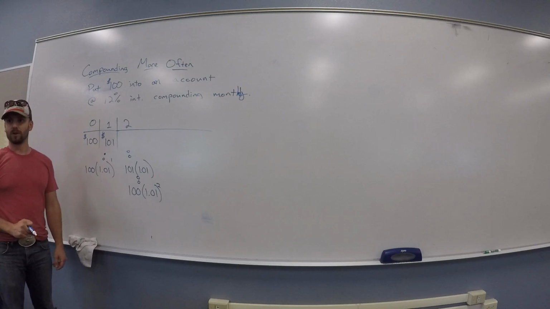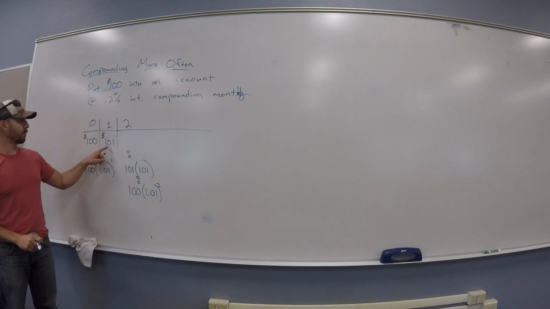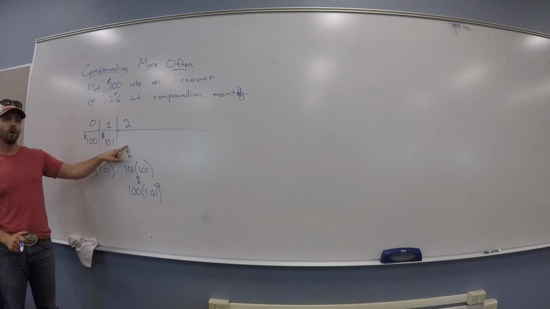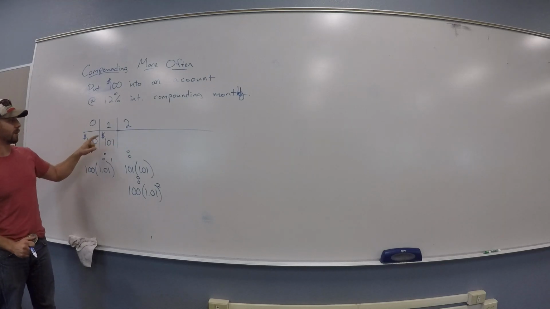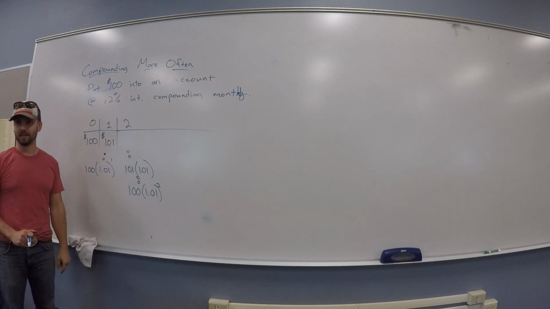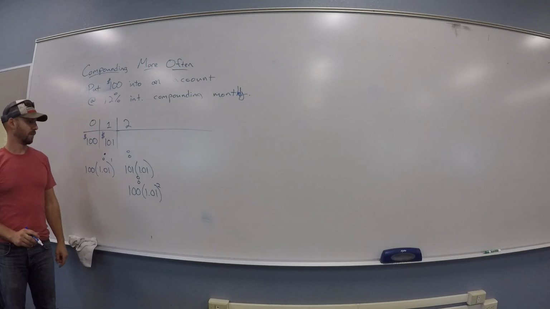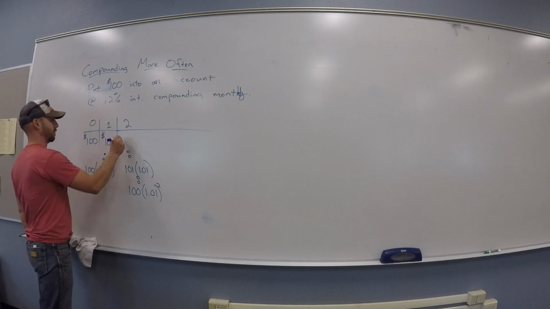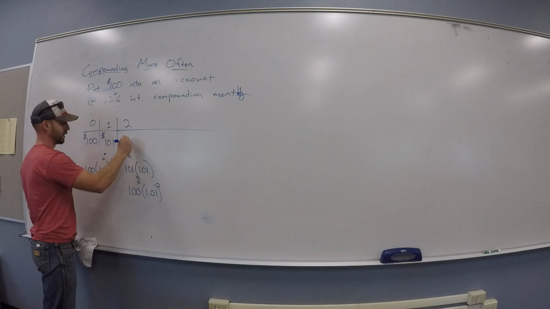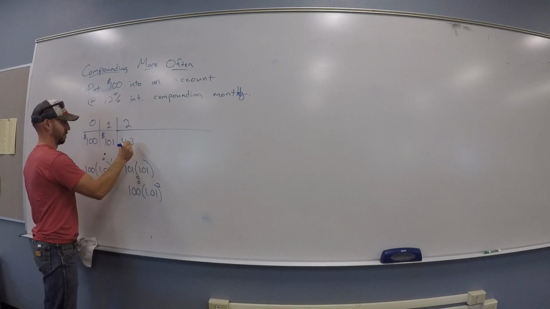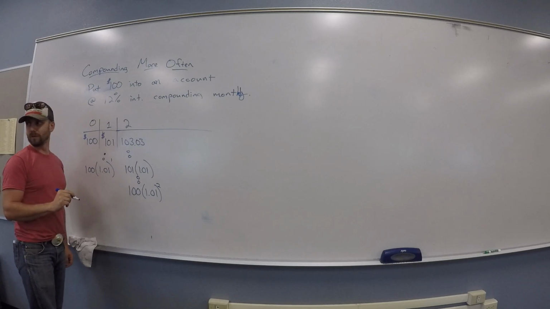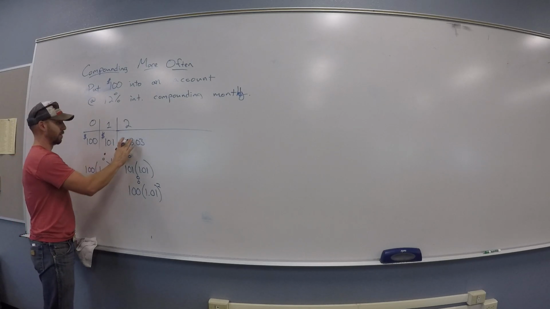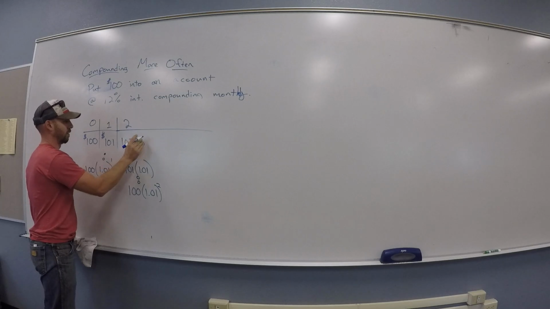That makes sense. You can either think of it as compounding once on the amount you have, or as having compounded twice since the beginning. So 103.03? That feels too big. 102. What did I do?